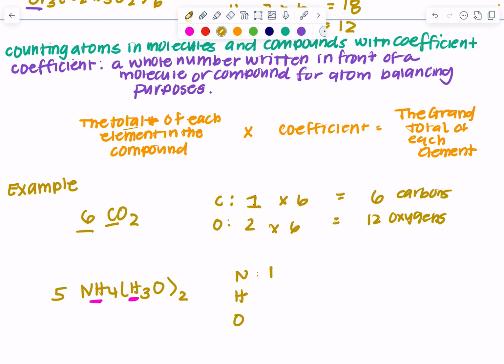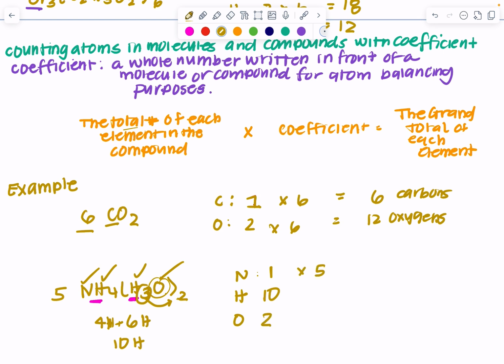We have 1 nitrogen. Here we have 4 hydrogens. So we took care of this, we took care of this. Here, it might look like we only have 3 hydrogens, but remember when we have it in the parentheses, we need to multiply. So the total number of hydrogens we have here is 10. So we have 10 hydrogens. And then we have 1 times 2, 2 oxygens.